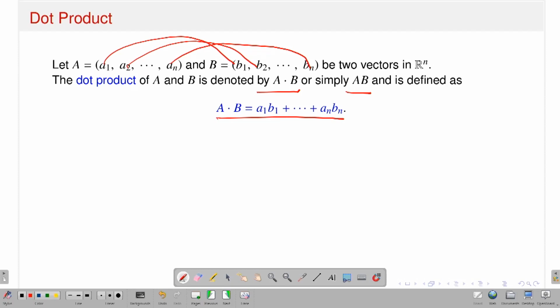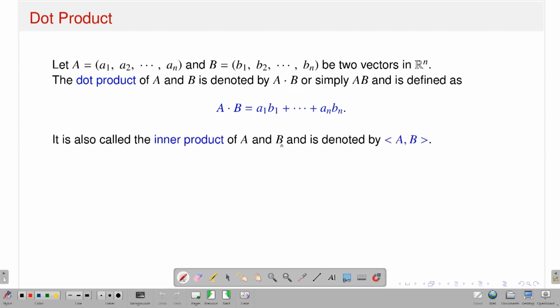We will see some examples. It is also called the inner product of A and B and is denoted by the symbol less than A comma B greater than.